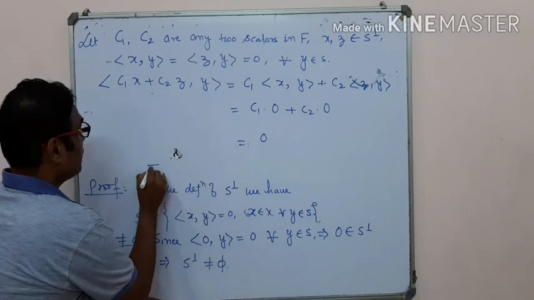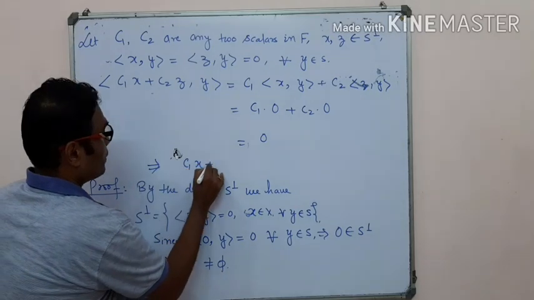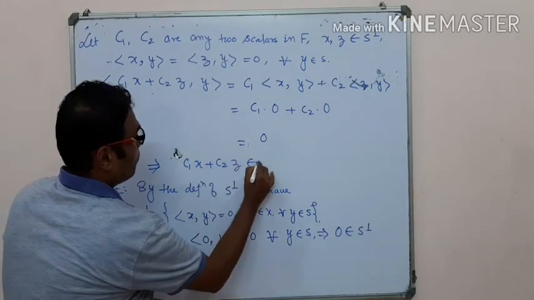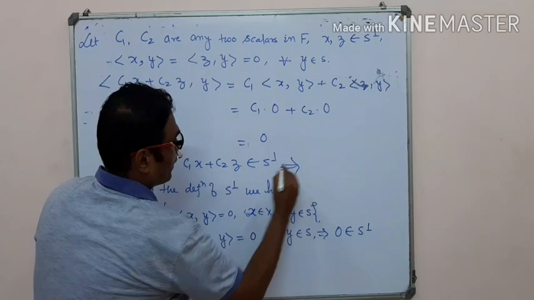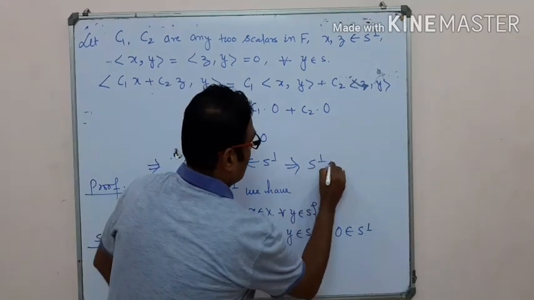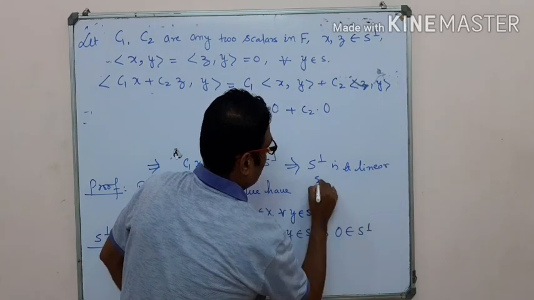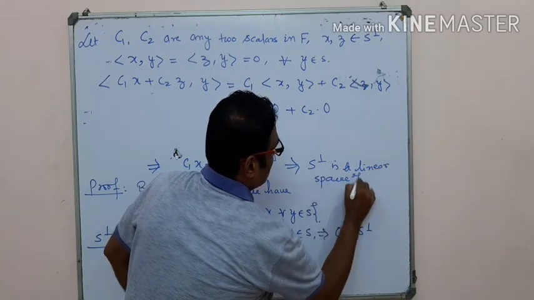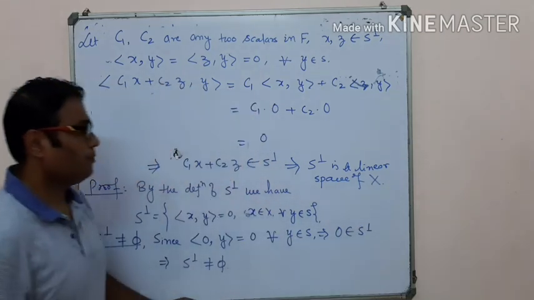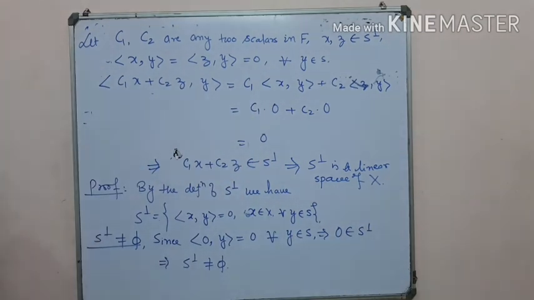It implies that C1x plus C2z belongs to S complement. Again it implies that the S complement is a linear subspace of X.